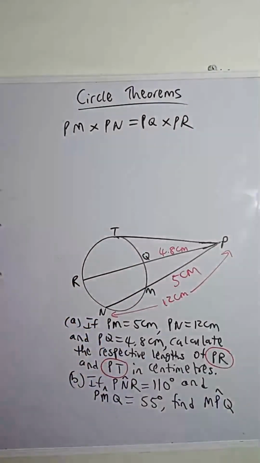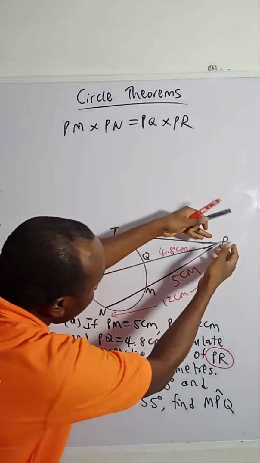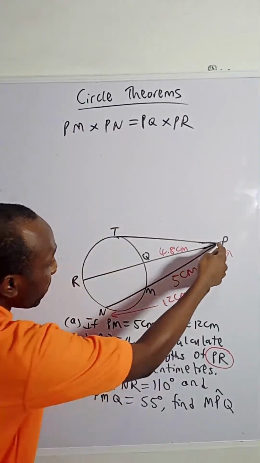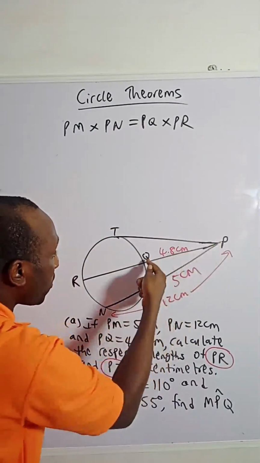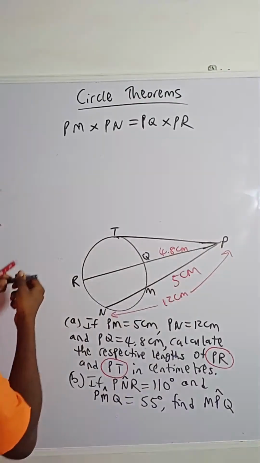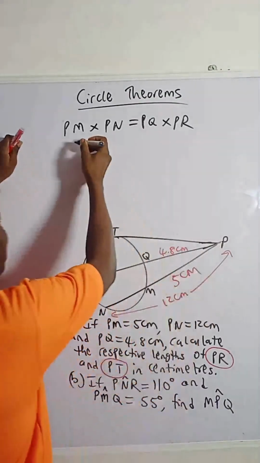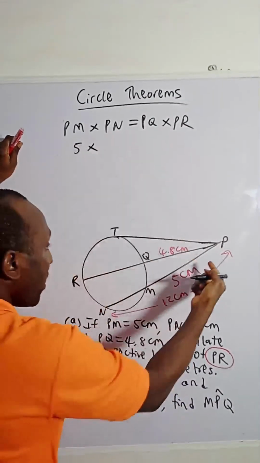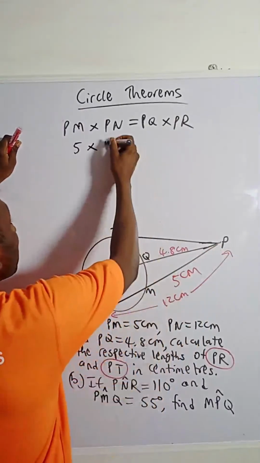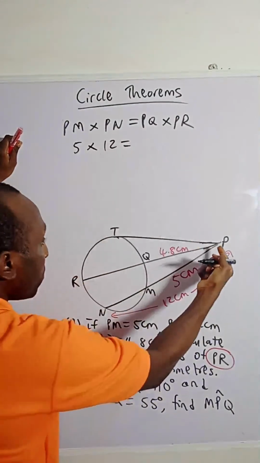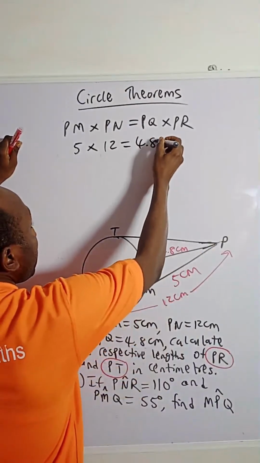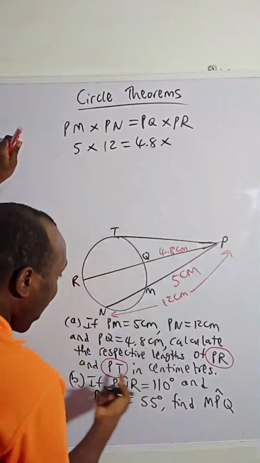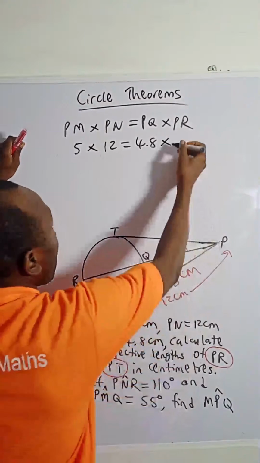Let's do that first, okay? So see, we're using the two secants. PM times PN is equal to PQ times PR. So what's PM? It is 5. So you write 5 times, what's PN? PN is 12. This is equal to PQ. PQ is 4.8. And PR is what we're asked to find. PR.